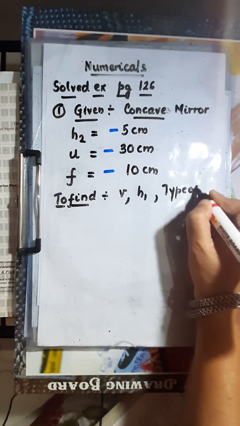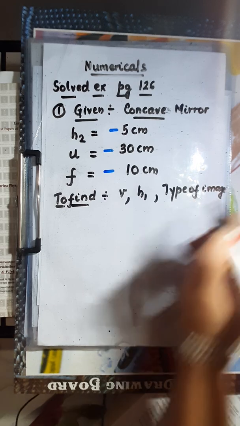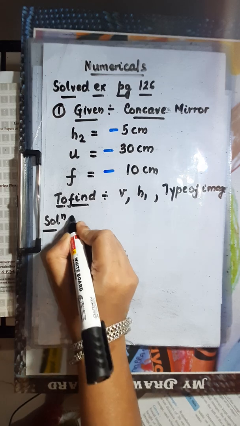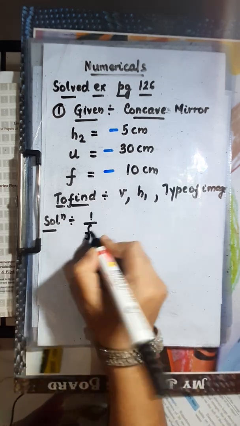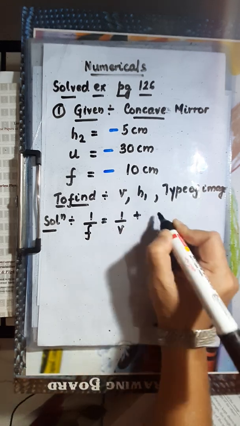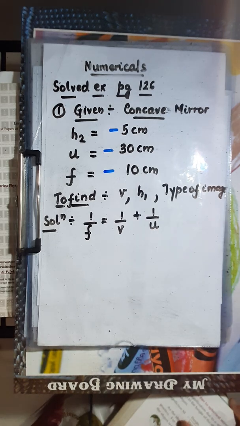Now let's see which formula we are going to use. The first formula obviously we will use is 1 upon f is equal to 1 upon v plus 1 upon u. Let us write the sign conventions properly.